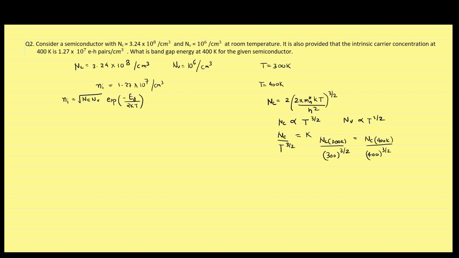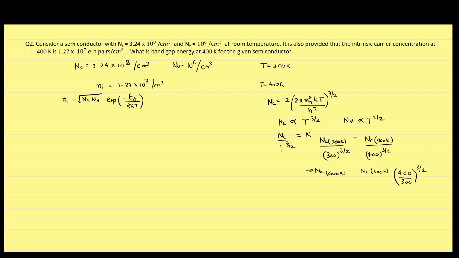It implies that Nc at 400 Kelvin is equal to Nc at 300 Kelvin multiplied by 400 divided by 300 raised to the power 3 by 2.